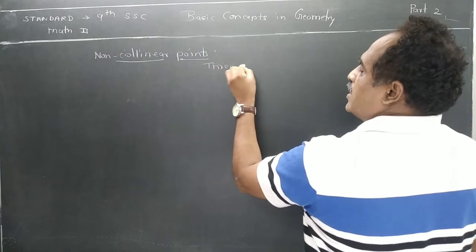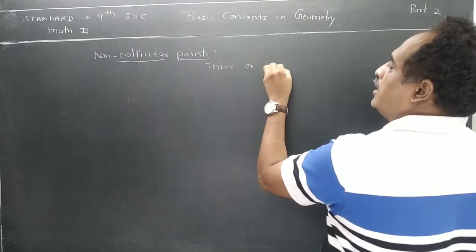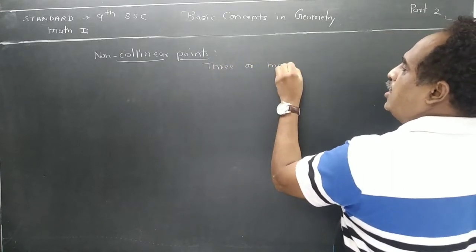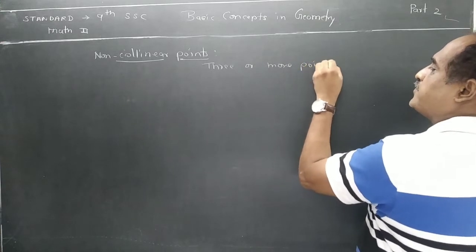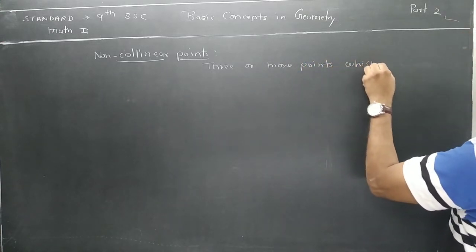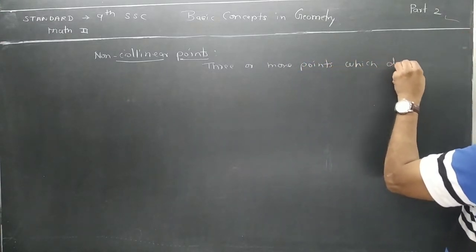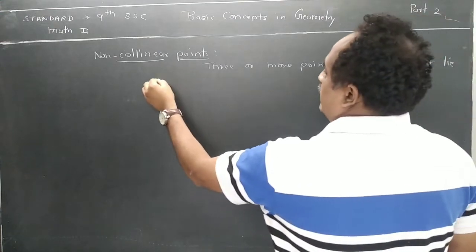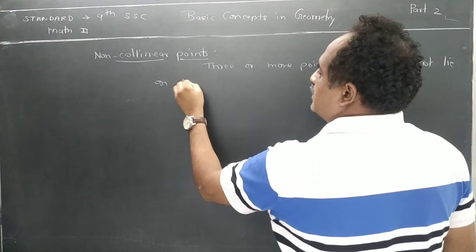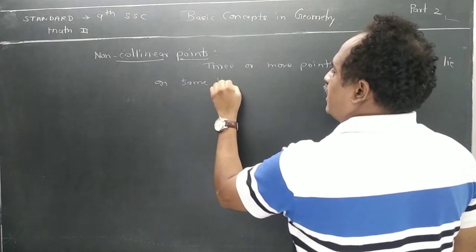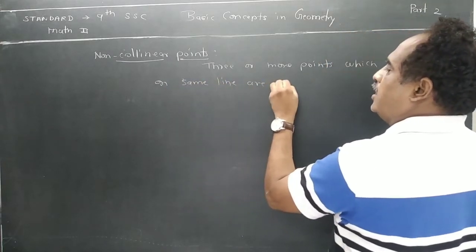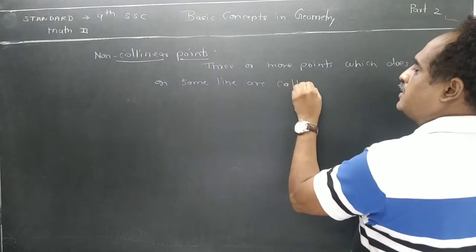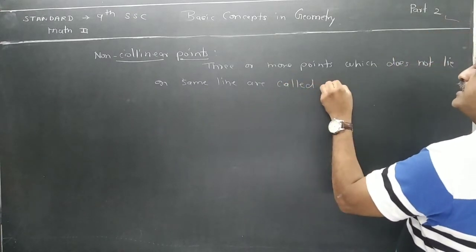Three or more points which do not lie on the same line are called non-collinear points.